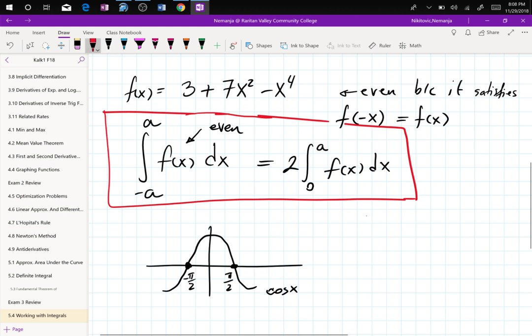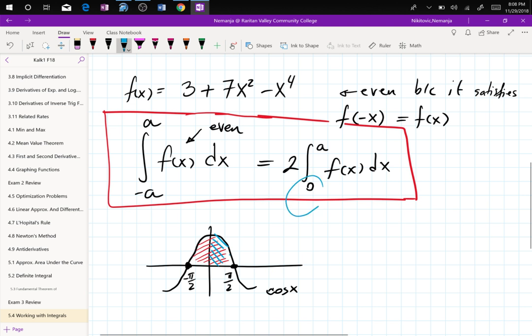Hopefully you see that this area here is double than area there, right? So that's why the formula works. It exploits the symmetry on the y-axis, and then you can just compute the half.